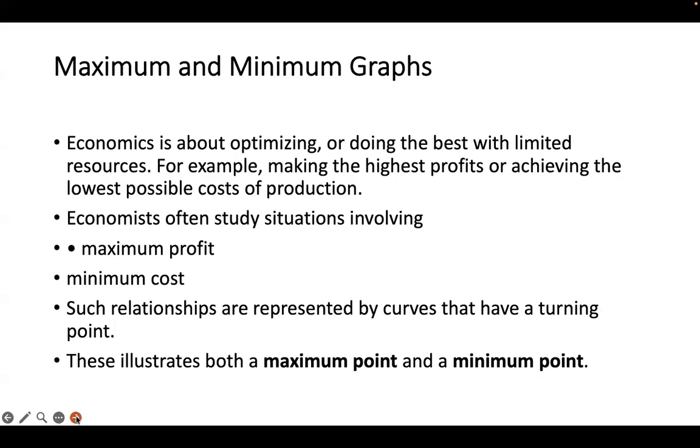Now, in economics, we also have minimum and maximum graphs. Economics is about optimizing, or doing the best with limited resources. That is, in economics, we often want to achieve the best outcome. For instance, making the highest profit or achieving the lowest possible cost of production.